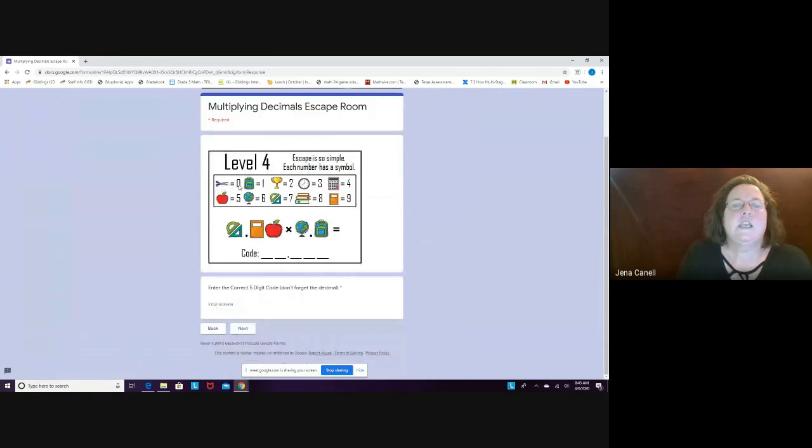Notice that each of these classroom items have a number associated with them. You have to decipher the code and then multiply. So notice that this is the compass and triangle. So that equals 7, decimal, find the notebook, then the apple, multiply that by the globe decimal backpack, and it will give you an answer.